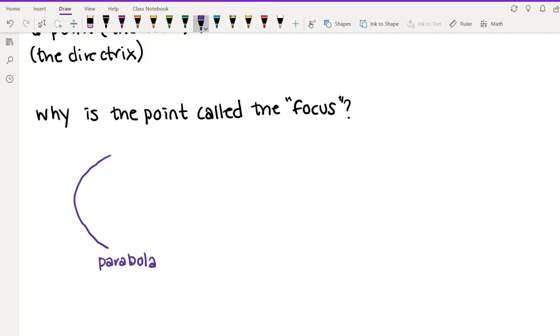So if you have something reflective that looks like this, and let's say the focus is here, there are two different things that are true. One is, let's say you have a light source at the focus, some kind of light bulb. If you shine light out of this focus, imagine this light going in all different directions, because it's just a light bulb giving off light.